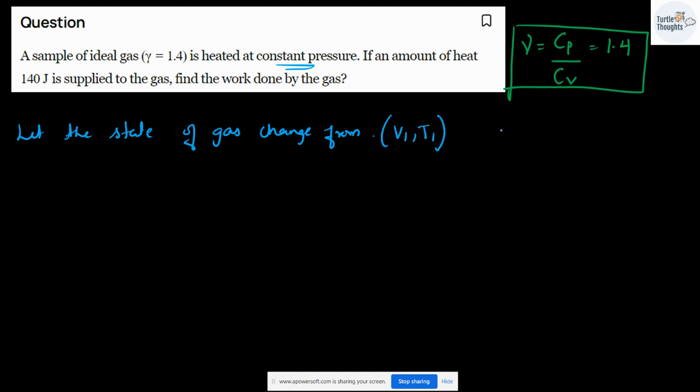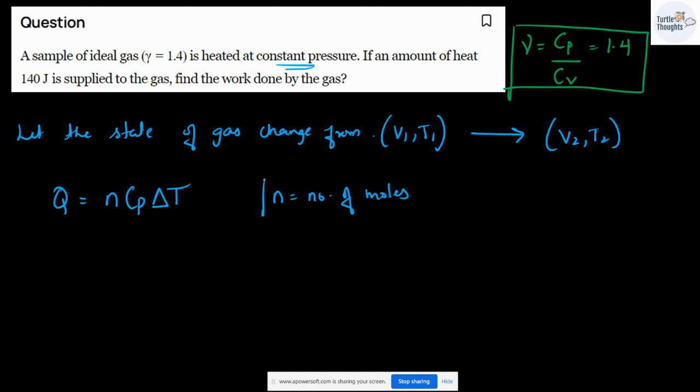The heat is going to be Q equal to nCp delta T. n is the number of moles, nothing is mentioned, so you can take n is equal to 1 as of now.